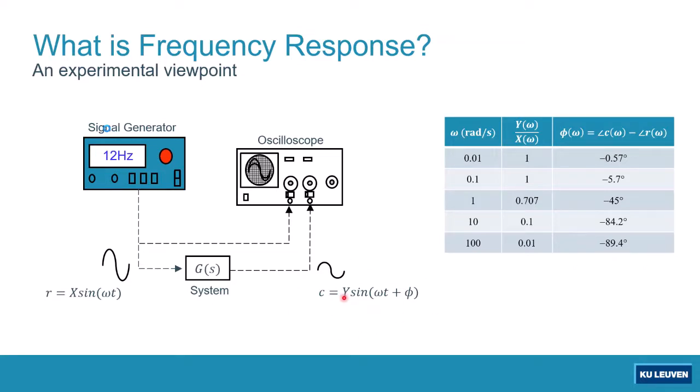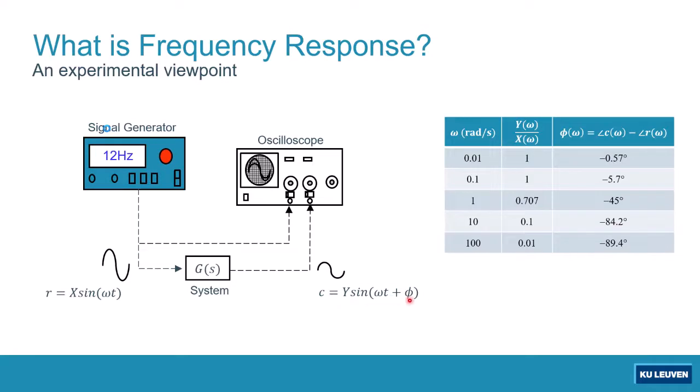You measure the amplitude of the response, and then you compare the angle of the response to the input in order to get the phi value, the phase shift. You take note of the amplitude of the response.